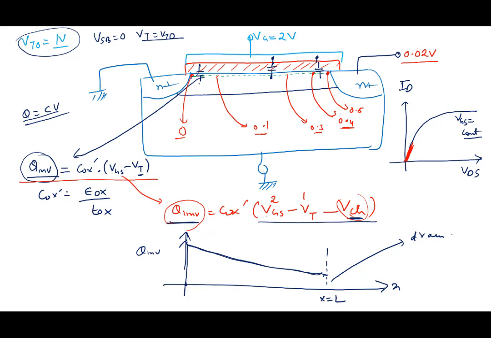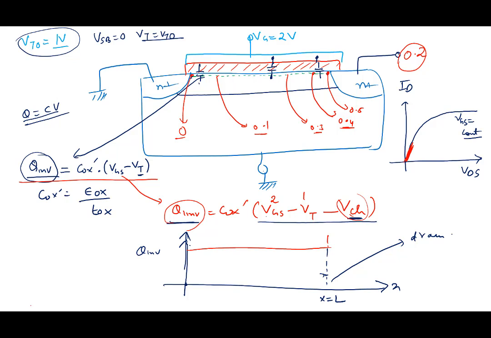But then as you make it higher, say 0.2, now the channel voltage is changing. So let me draw the inversion charge. At very small bias, the inversion charge would be constant everywhere.